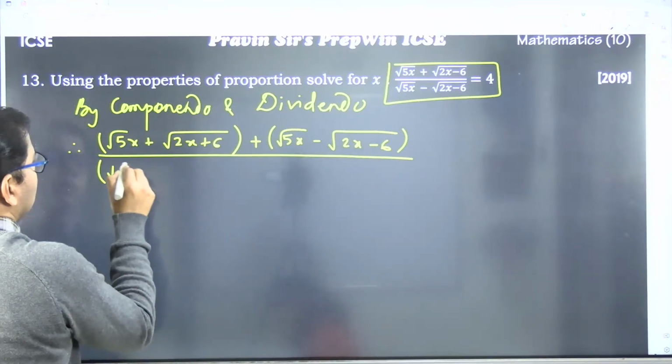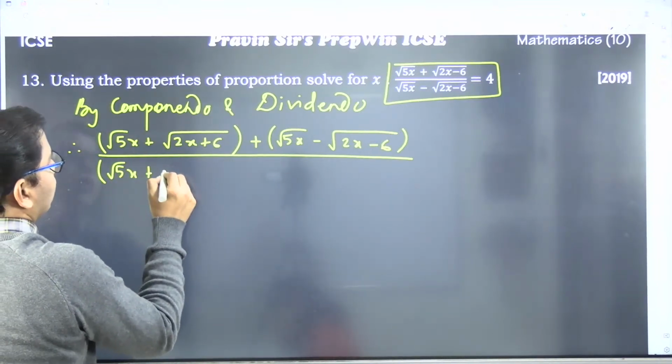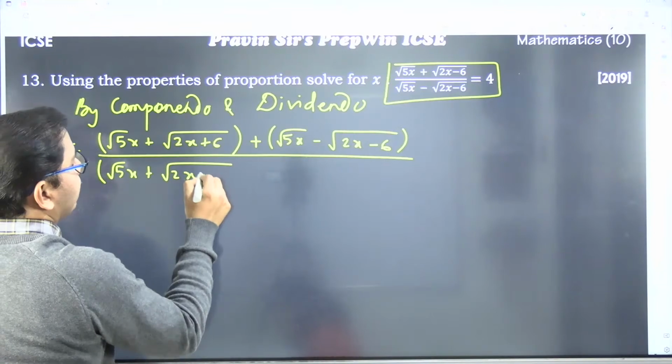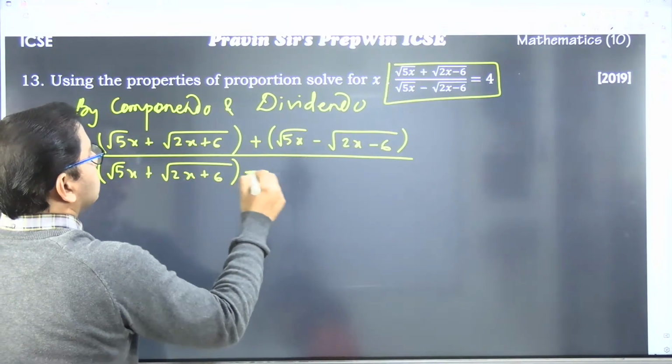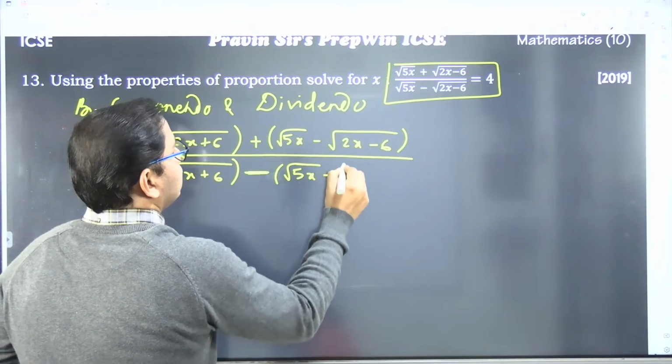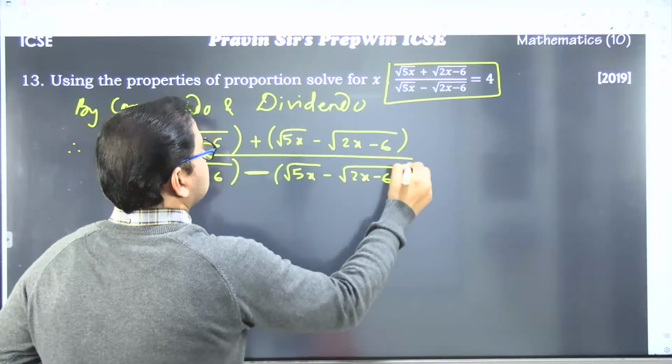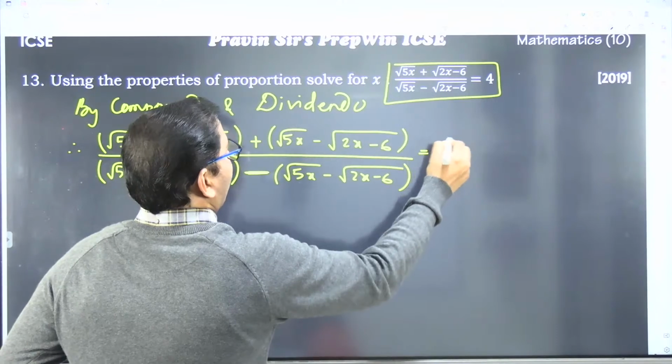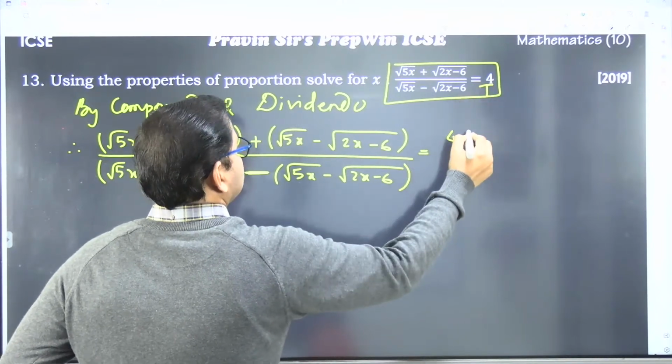Same terms. Okay, only numerator minus denominator, root 5x minus root 2x minus 6, is equal to what? 4. No denominator, so consider it as 1.